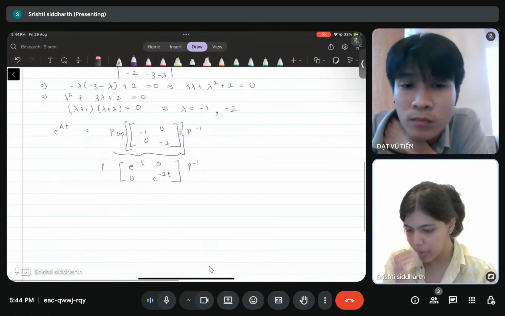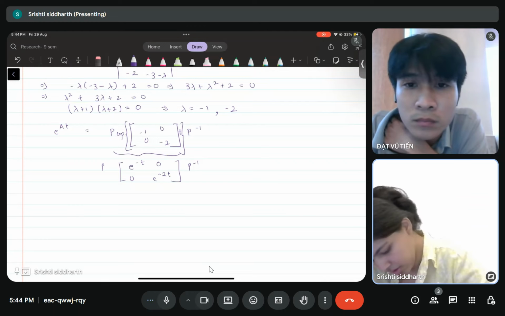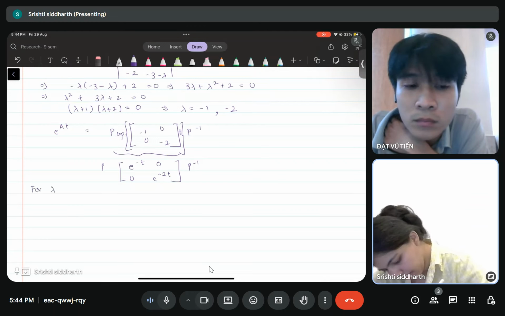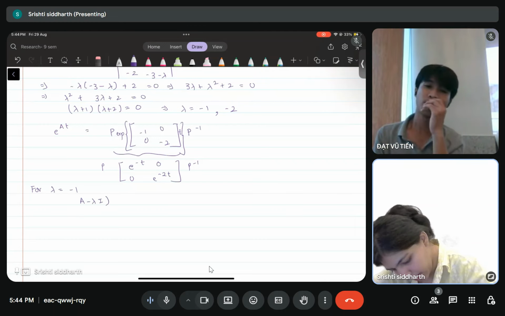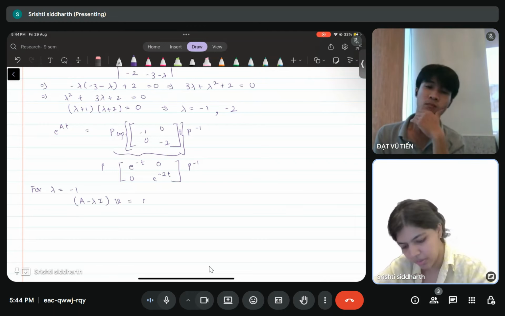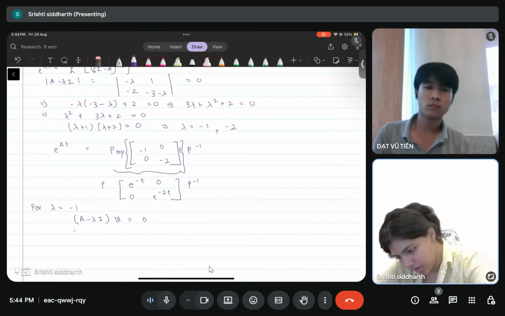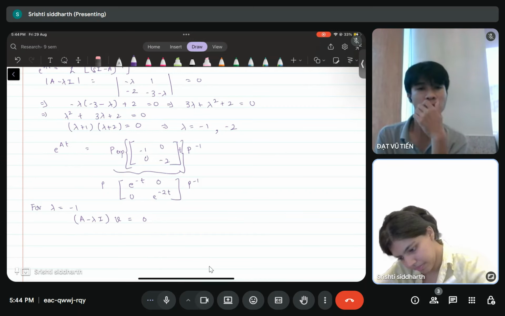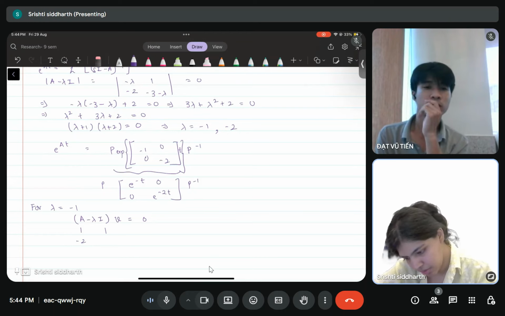So to get P, we need to find the eigenvectors for each of the eigenvalues. Let's do that quickly. For lambda equals minus 1, this is A minus lambda I times v equals 0. So this is plus 1 and this is minus 2.